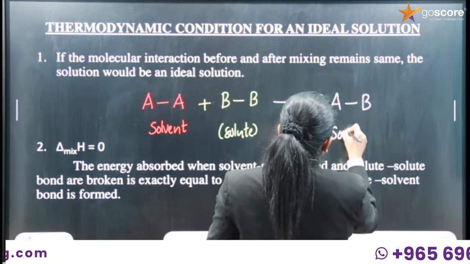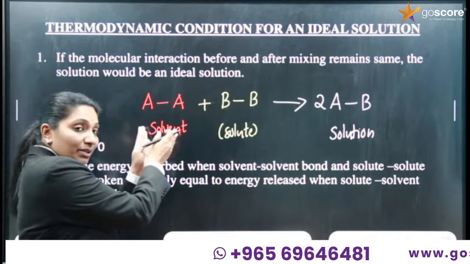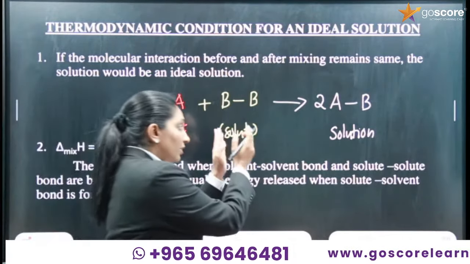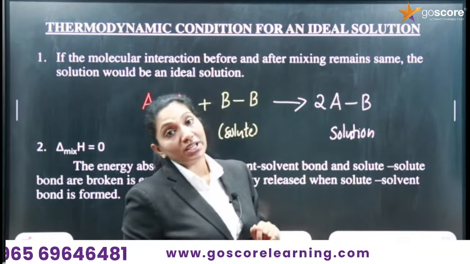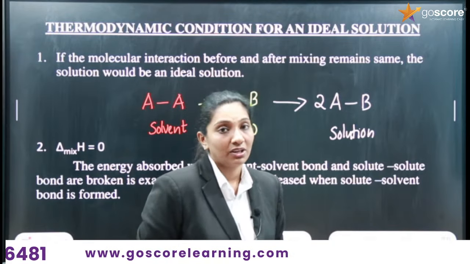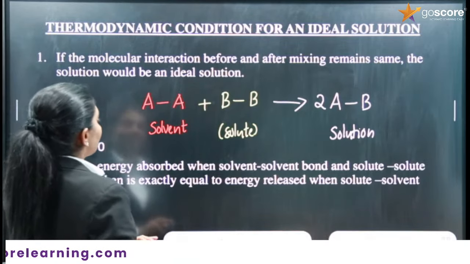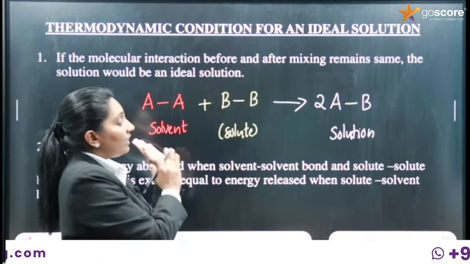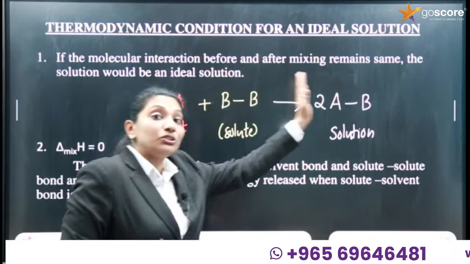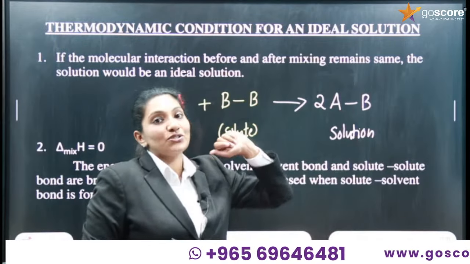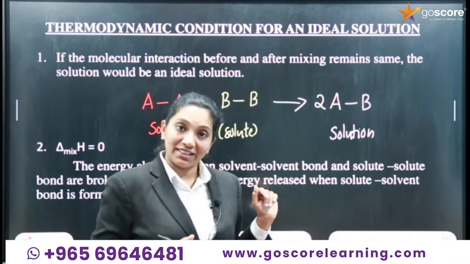This is your solution. Here there is an interaction between the solvent particles, an interaction between the solute particles, and when they mix together, there will be interaction between the solute and solvent particles that leads to the formation of the solution, right? So for an ideal solution, if the interaction between solute and solute, and solvent and solvent, is equal to the interaction between solute and solvent, then it will show ideal characteristics.